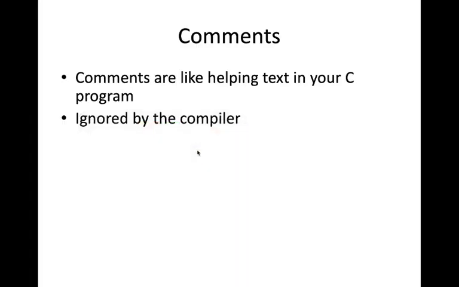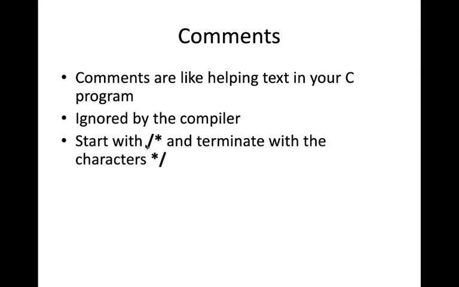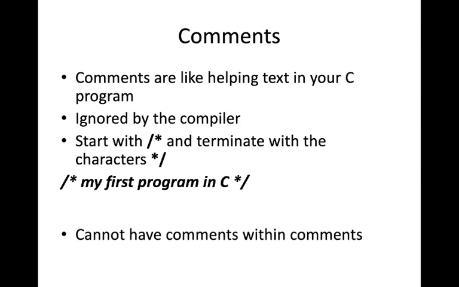It will be ignored by the compiler, and it starts with a slash and an asterisk, and terminates with the characters asterisk and a forward slash. So this is an example for a comment. It starts with this and ends with this. So anything can be included inside this, and it will be totally ignored by the program.